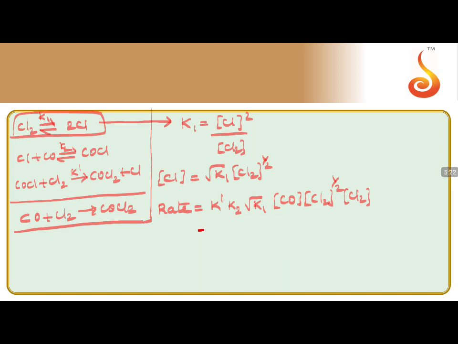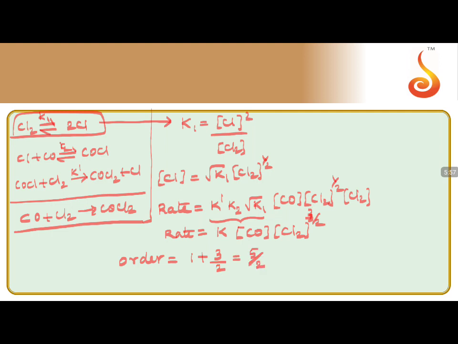Now let us replace all these constants with some K. So the rate can be written as some constant K into CO into Cl2 whole power 1 by 2 plus 1, which is 3 by 2. So I can write 3 by 2. Now what is the overall order? The overall order of the reaction will be 1 plus 3 by 2, which is equal to 5 by 2.